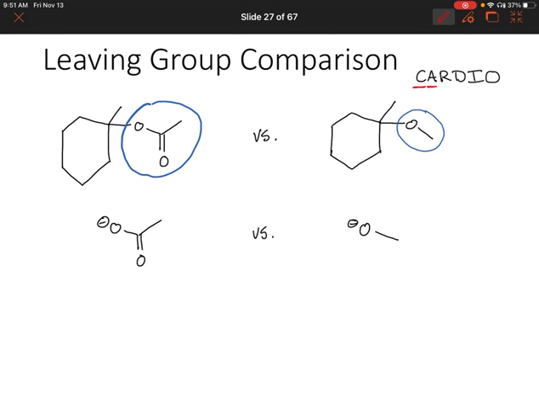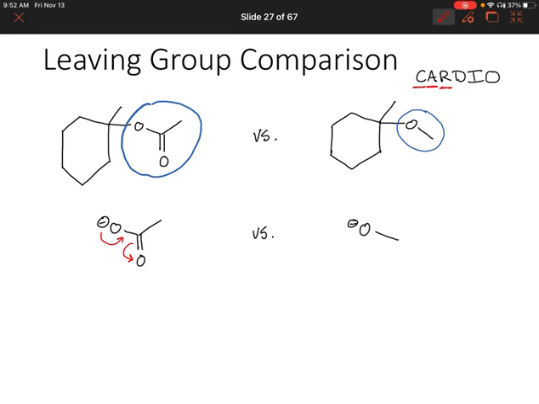The charge is on the same atom, which is oxygen for both. So let's look and see if there's any resonance for these leaving groups. Yes, on the left-hand side, we do have a resonance structure. So we could move electrons around to form a second resonance structure. The ion on the right, however, does not have a resonance structure.